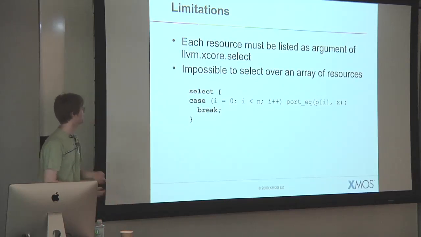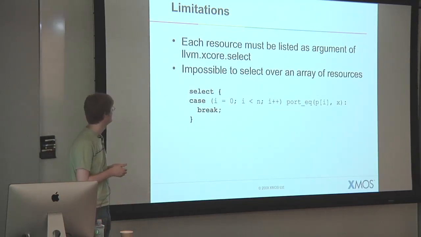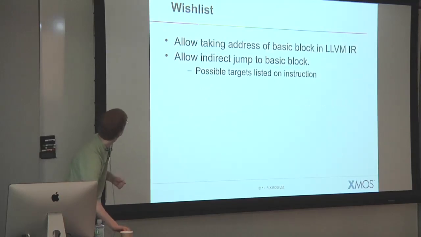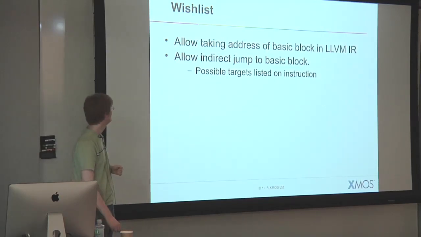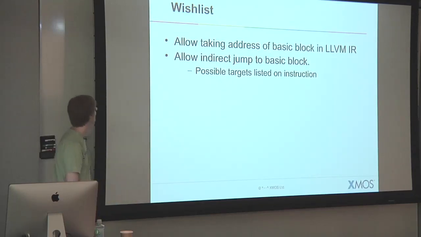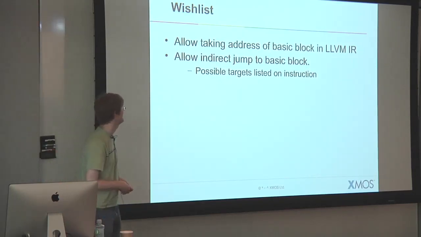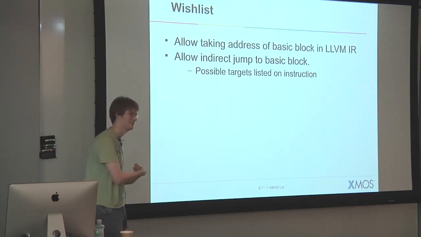We've been thinking about how we might implement this. Our thought, and this is a wish list item, is that it would be nice if you could take the address of a basic block in the LLVM IR, and then this would allow us to model this.